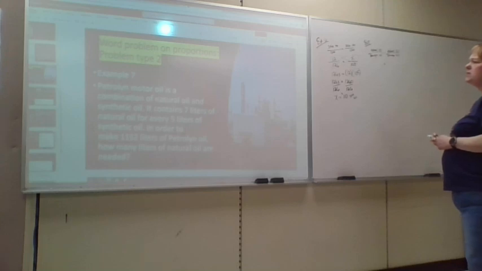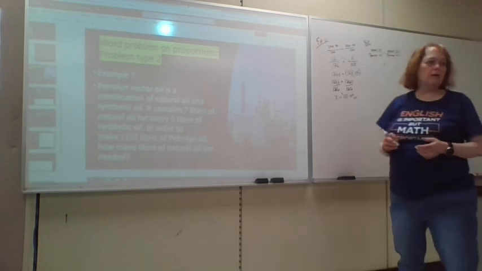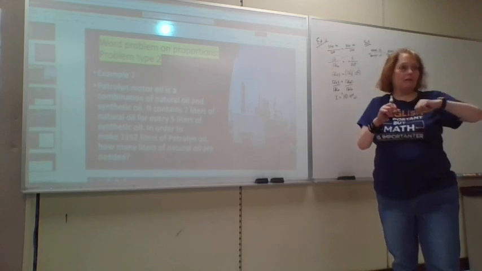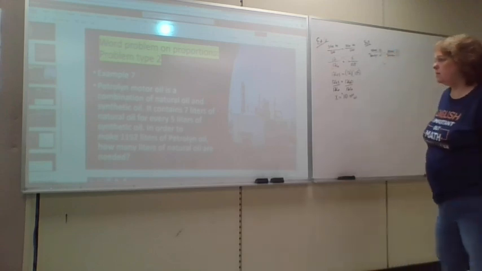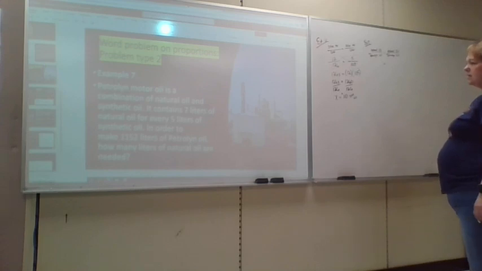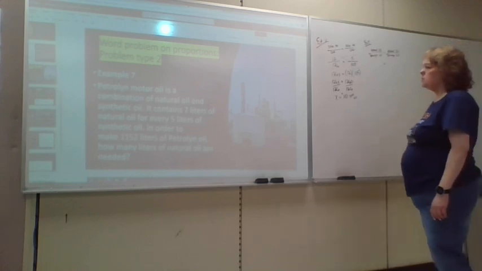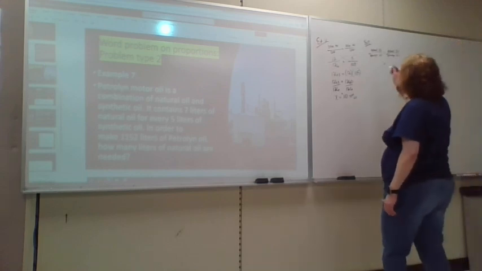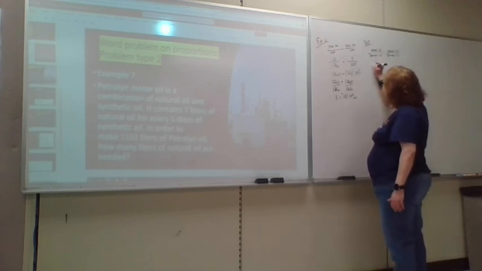So, let's go to that first sentence again. Petroleum oil is a combination. What does it mean to be a combination? You're going to mix them together, of natural oil and synthetic oil. Okay, got that? So there's 7 liters of natural oil, so we have to do something with the 7. Let's put it right where the natural oil is.